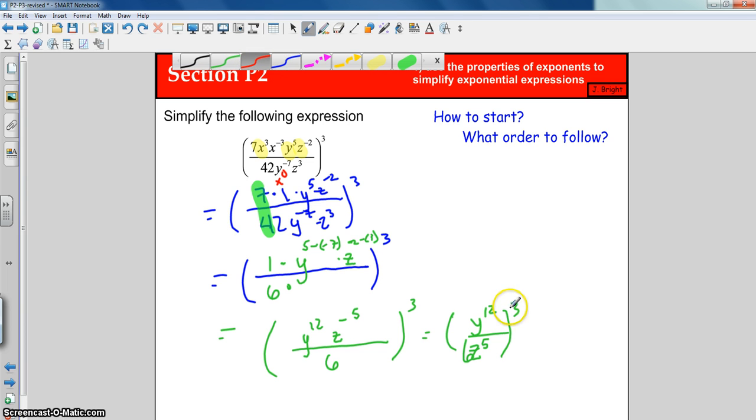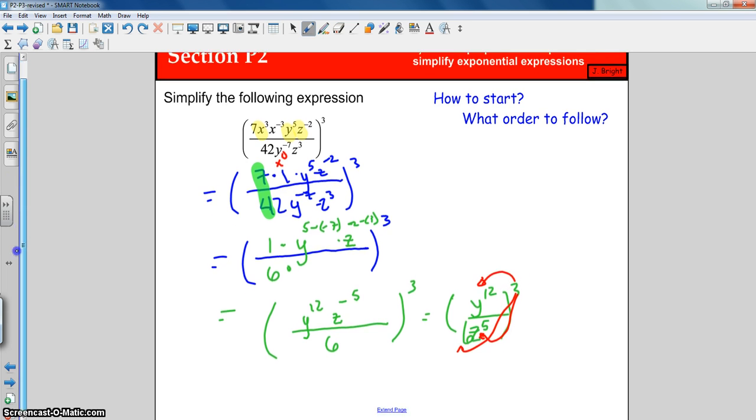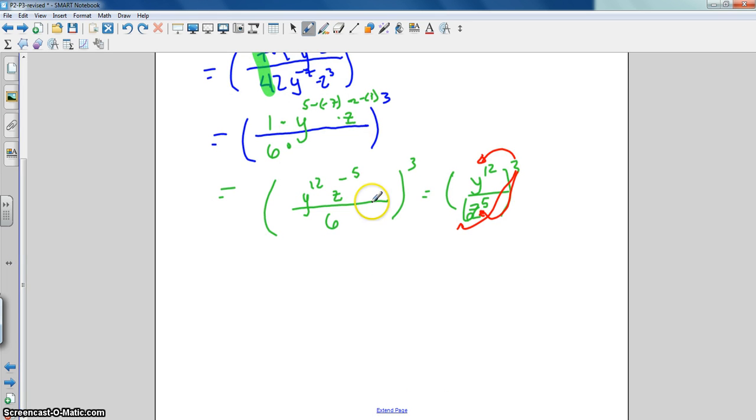Okay, almost done. Now this is as simplified in here as we can get, so what I'm going to do is distribute the 3 to all terms. And when I do that, I'm going to have y to the 12th to the 3rd power all over 6 to the 3rd power times z to the 5th to the 3rd power.